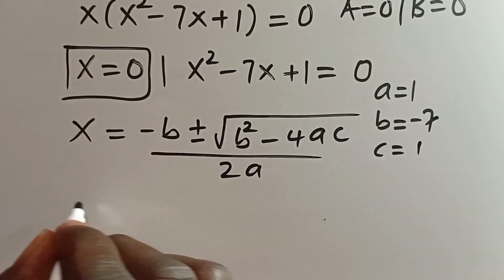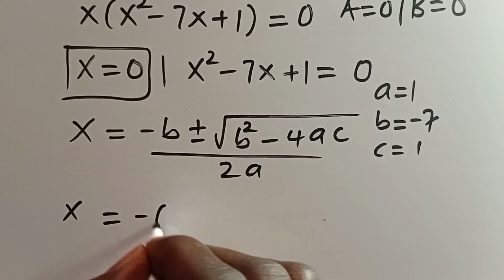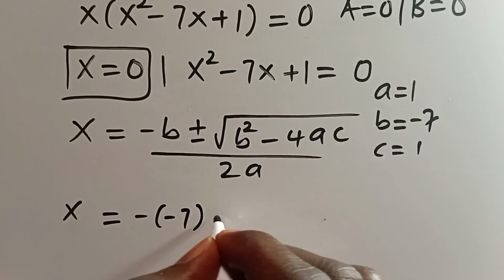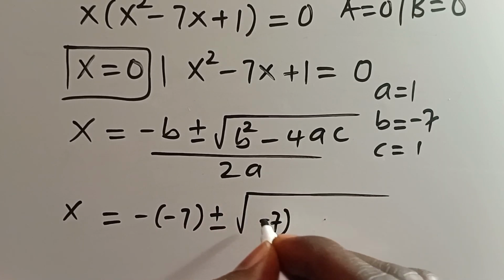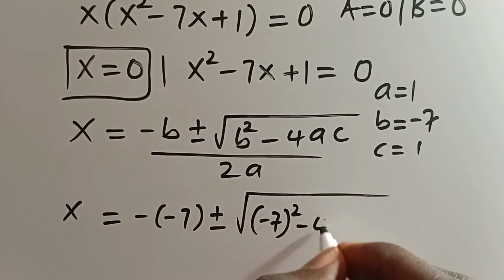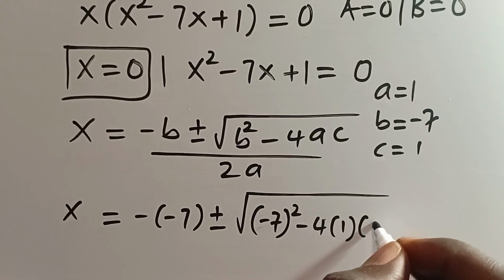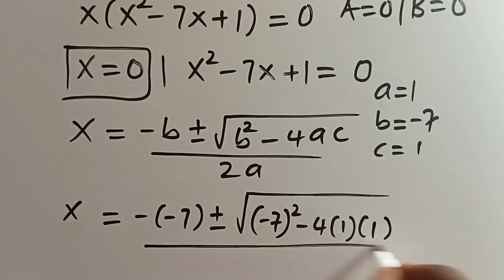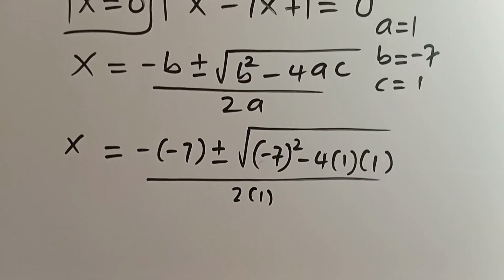So when we substitute everything here, we are going to have x equals minus, open parenthesis, minus 7, positive or negative, root of minus 7 in parentheses to the power of 2, minus 4 multiplied by a is 1, c is also 1, then divided by 2 times 1.